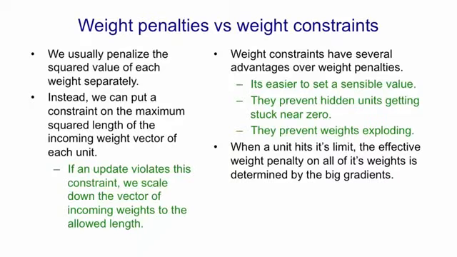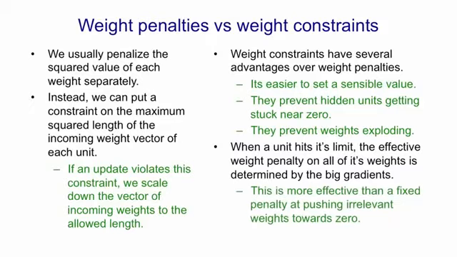So in effect, if you think of it like a penalty, the penalty scales itself so as to be appropriate for the big weights and to suppress the small weights. This is much more effective than a fixed penalty at pushing irrelevant weights towards zero. For those of you who know about Lagrange multipliers, the penalties are then just the Lagrange multipliers required to keep the constraint satisfied.